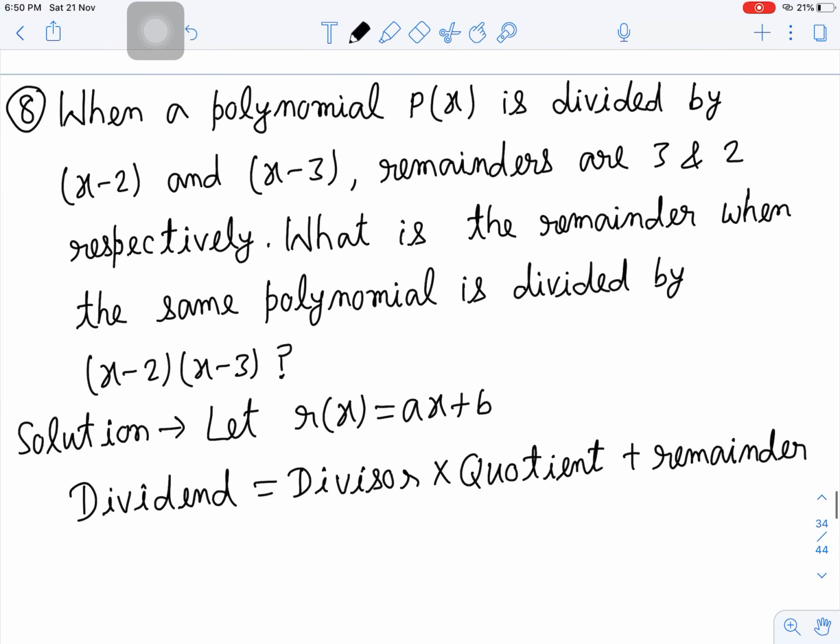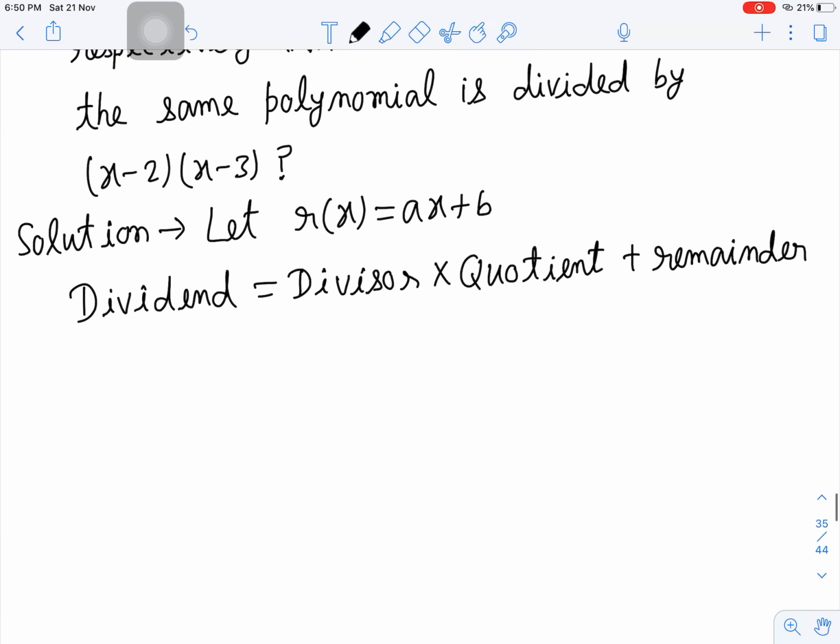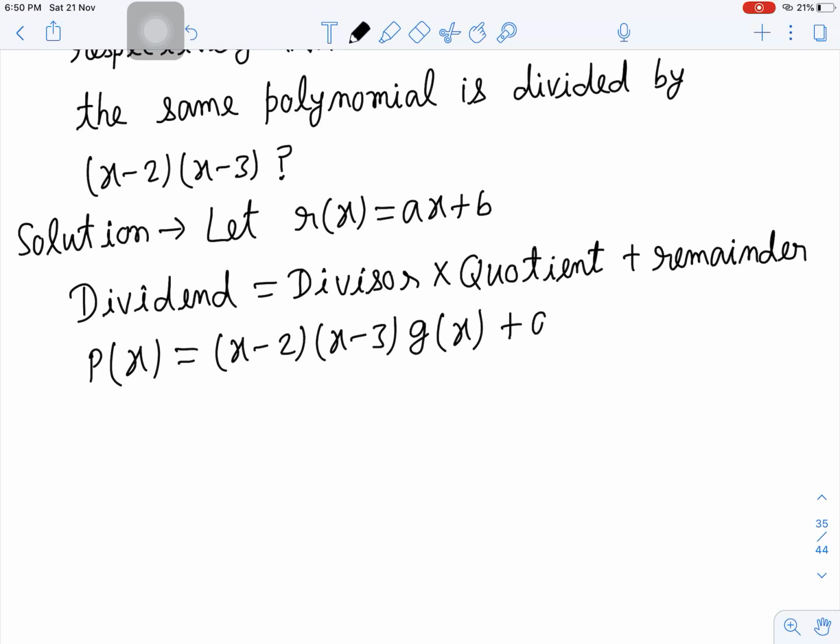So here, what is the dividend? Dividend is p of x, and the divisor we are talking about is (x minus 2) into (x minus 3), and then the quotient, suppose it is q of x or g of x. The remainder r of x is nothing but ax plus b. Now we need to find a and b.